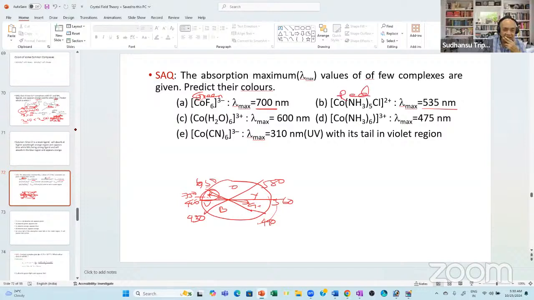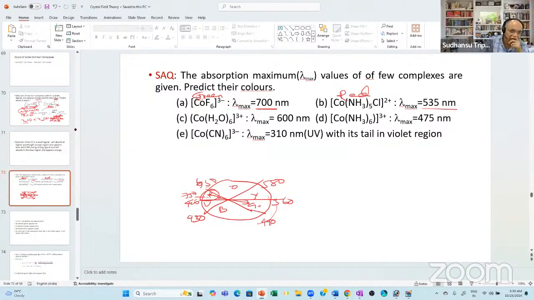Then hexaaqua cobalt 3 plus, it is a low spin complex because cobalt 3 plus is a heromarka. Aqua is an intermediate field ligand, although commonly it is a weak field ligand, but 3 plus will make it a low spin complex. All the 6 electrons will remain in the T2G set, but 1 electron can jump without change of spin. No harm, there is vacancy.